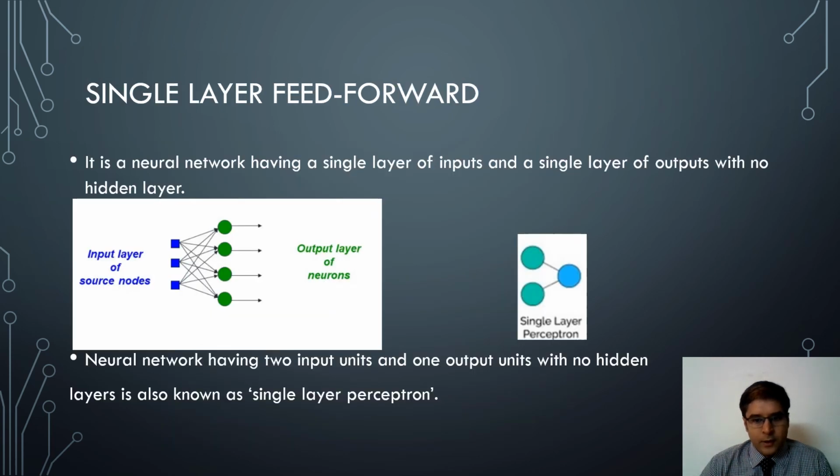So what is single layer feed forward? It is a neural network having a single layer of inputs and a single layer of outputs with no hidden layer. A neural network having two input nodes and one output node with no hidden layer is also known as a single layer perceptron, which we will discuss in the next module.